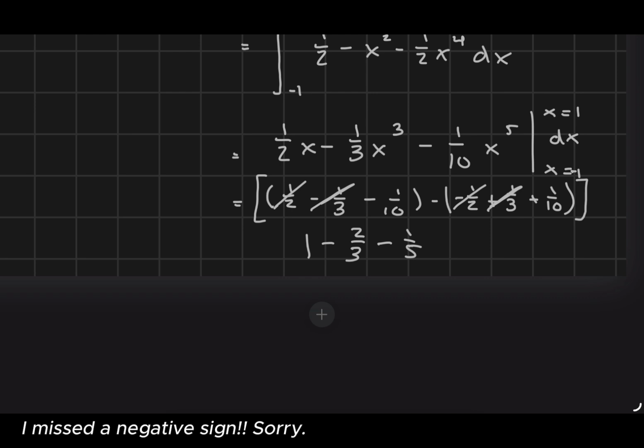Let's see here. What can we do? I guess common denominator here. What is this? It's going to have to be 15. So we'll do 15 minus 10 minus 3 over 15. That's going to be 5 2/15, I think. 5 minus 10, 5 minus 3.